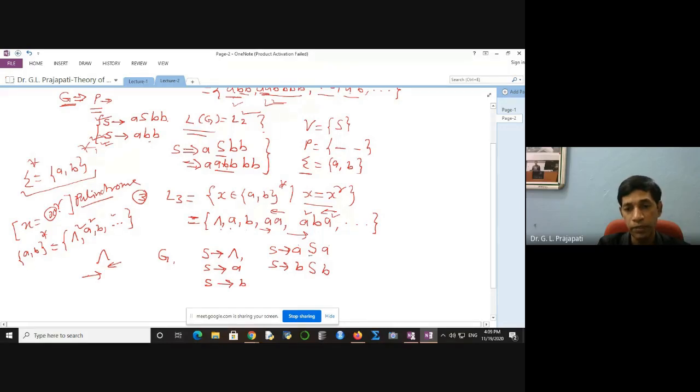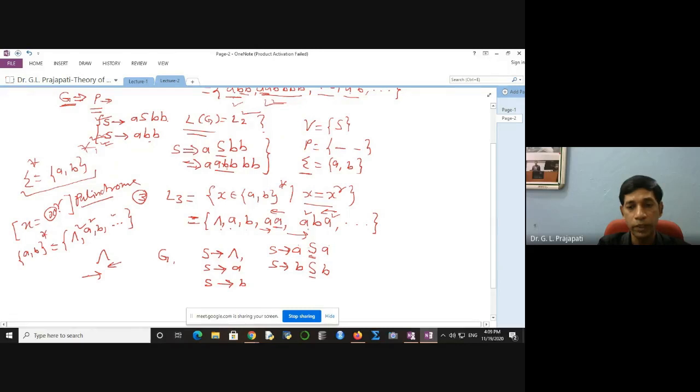And then the problem remains the same as here also. Once you replace the S in these rules, then again you have to consider, if S starts with A, the last must also be A. If S starts with B, the last must also be B. And then if you want to generate only A, you can replace S with null, so you are getting only A. If you want to generate BB, then S can be replaced with null and you are getting BB.